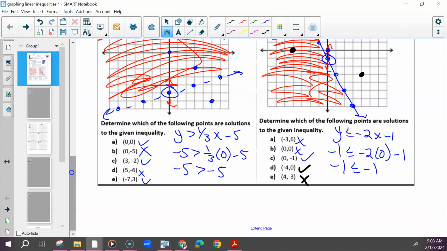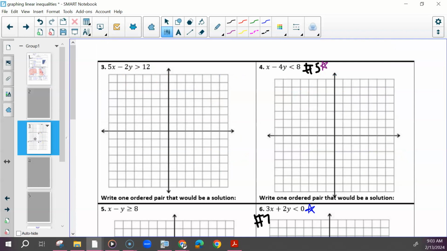We're going to do number 3, and then we'll go over the question box. So for number 3, this is not in slope-intercept form. How can I get it back into slope-intercept form? How would we rearrange this?